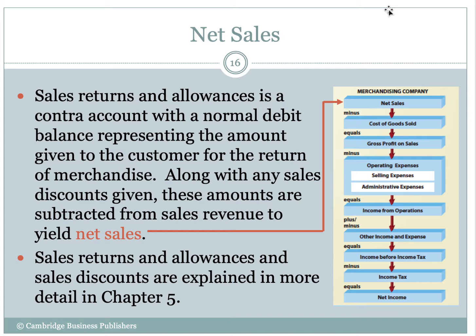We will look at sales returns and allowances and sales discounts in our next chapter, okay? So right now, it's just important to understand what net sales are, okay? So think about it this way. A merchandising company, they sell merchandise to us, right? So let's dream big.